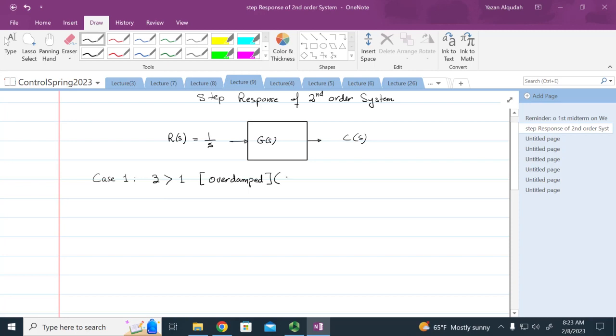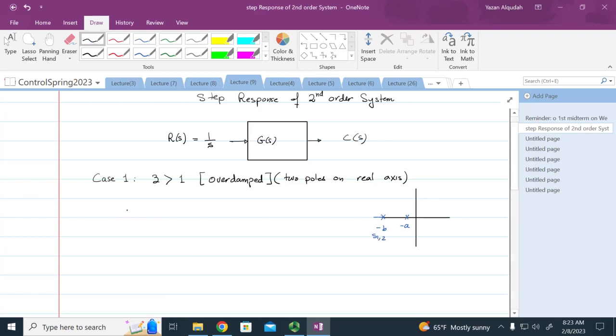In this case, we have 2 poles on the real axis. So I have a pole, I have another pole, and we're going to call them negative A, negative B. These are my poles of the system.